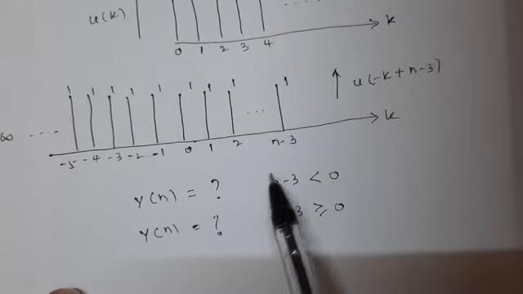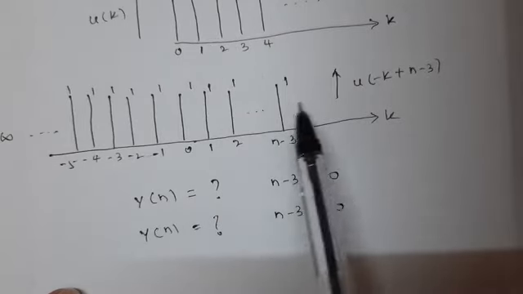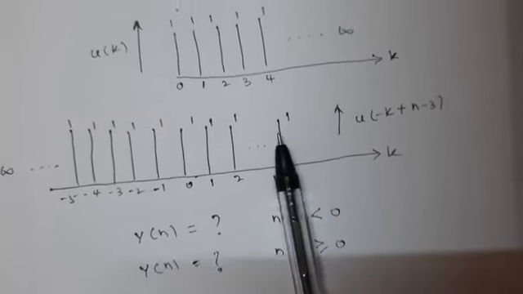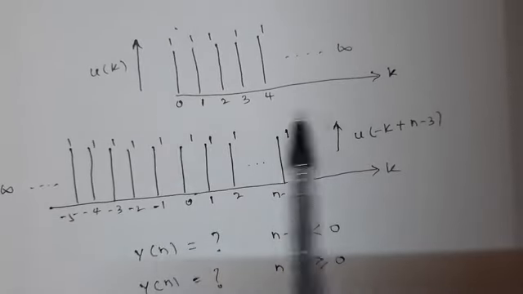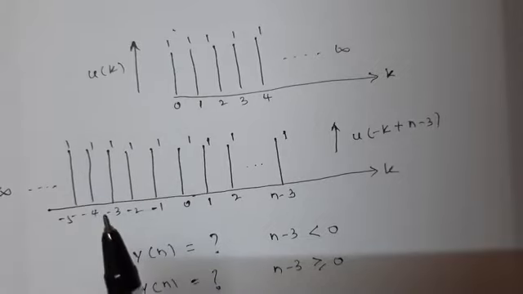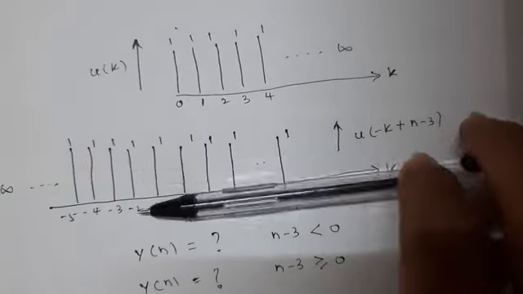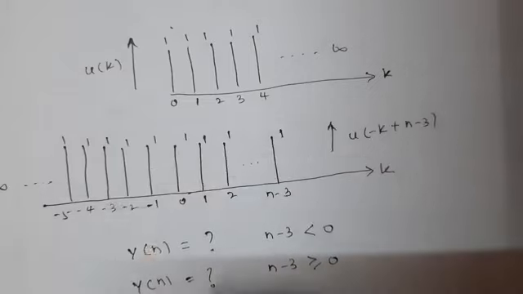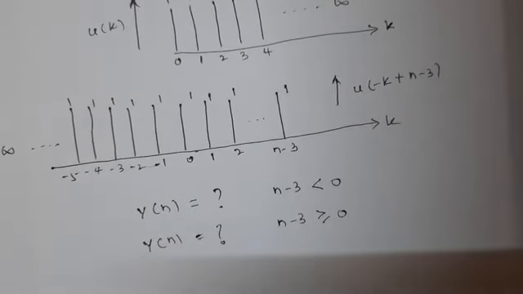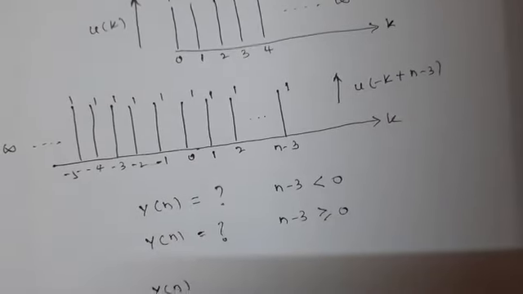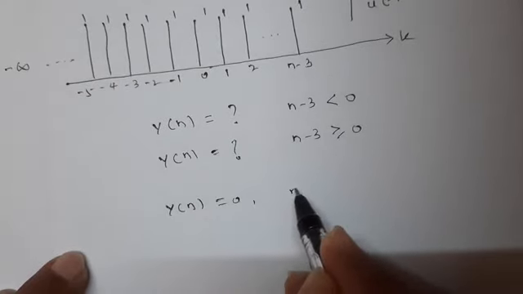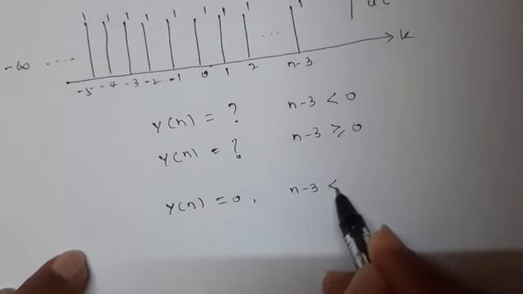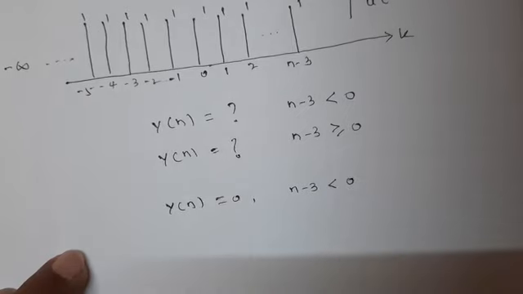When n minus 3 is less than 0, all these samples are somewhere to the left. I don't have any samples here; these samples are not present. So in that case, y of n is equal to 0 when n minus 3 is less than 0.